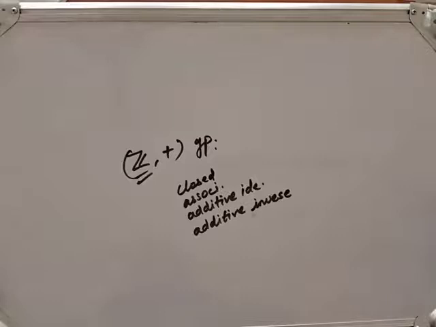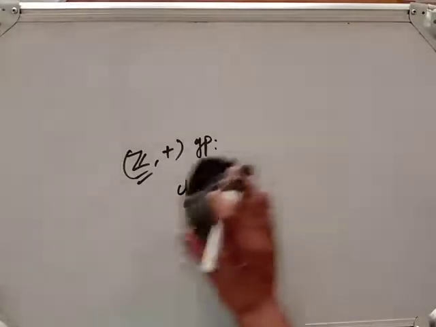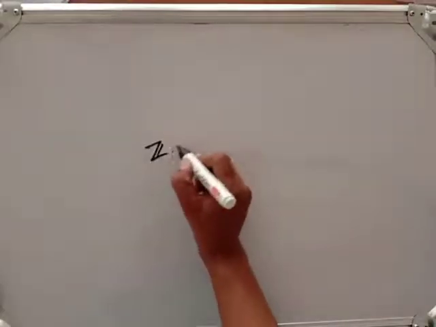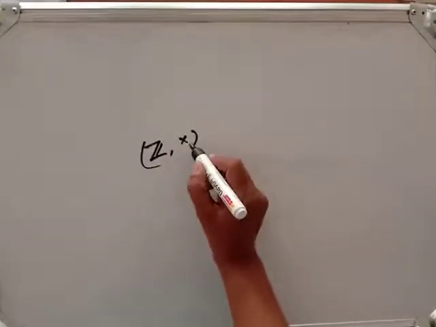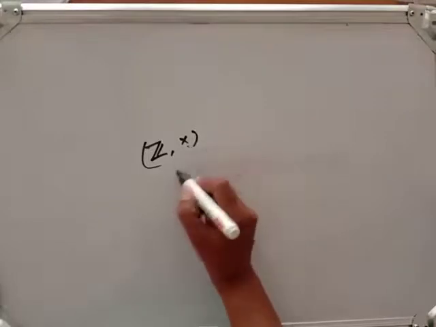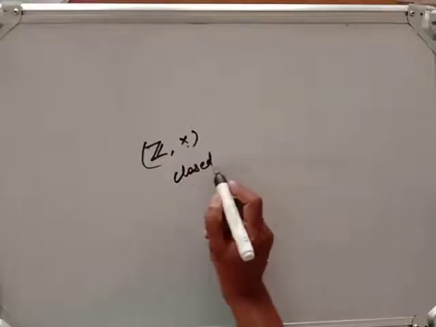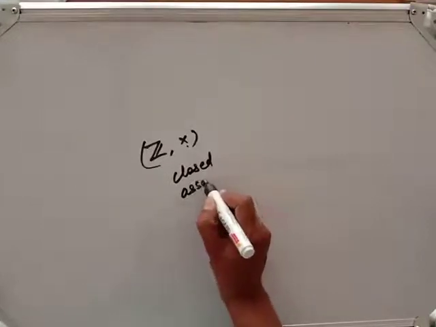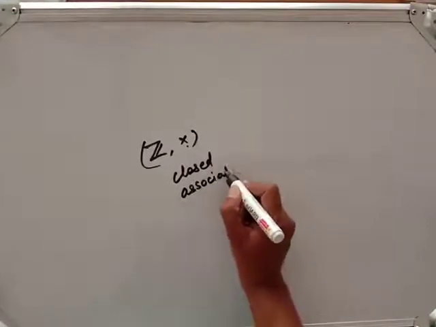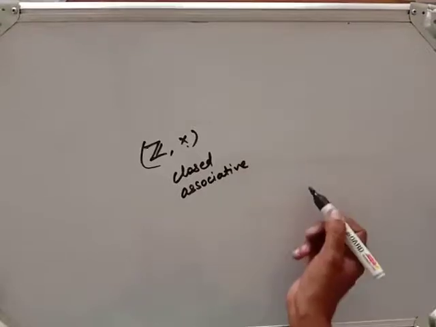While if we look at Z with multiplication, the set of integers with the multiplication operation, in that case it is closed. It is associative, as if we take a product of three integers in any order, it gives the same integer.